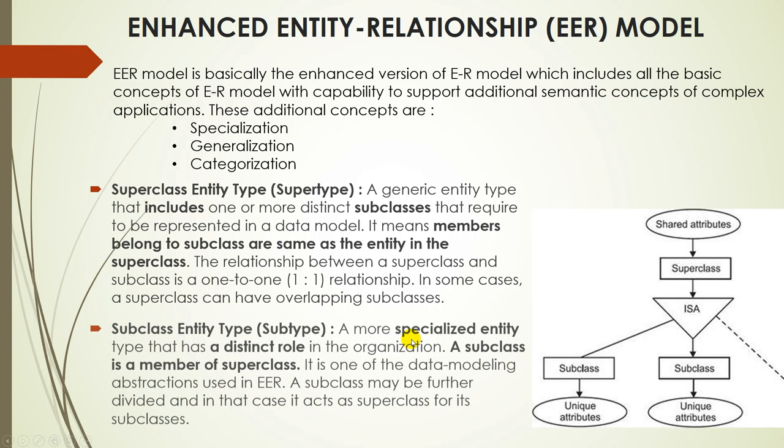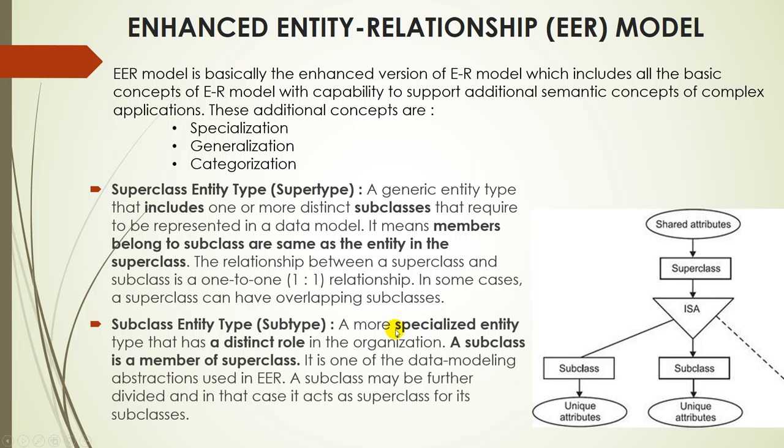Let's see an example of a superclass in the next slide. So if I have a base class here, or superclass, this shows me that both entities have the same attributes of the superclass, and they have special unique attributes in addition to the shared attributes.